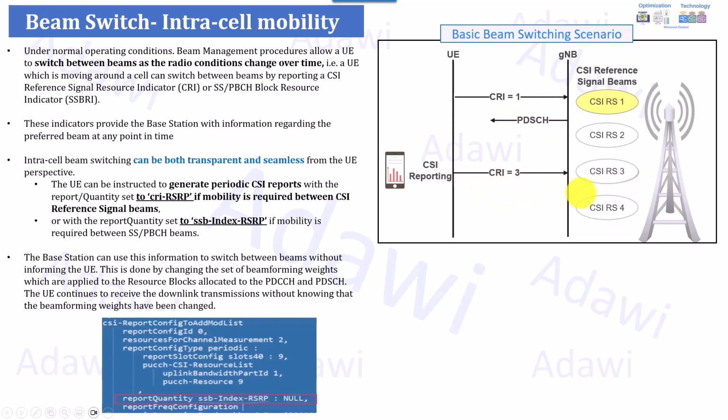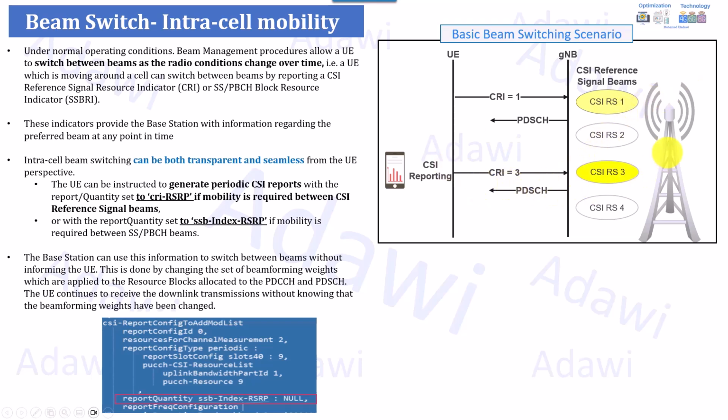All of this, the changing of the traffic beams, will be seamless and transparent to the UE. The gNB doesn't need to send any RRC message or anything else to let the UE know which traffic beam is being changed or used.